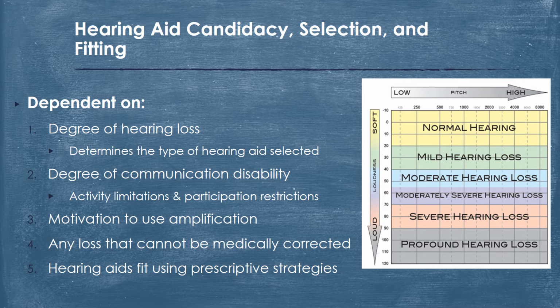And finally, when I'm fitting the hearing aid itself, I can use prescriptive strategies. One example of a prescriptive strategy, and these are discussed in your book, is the desired sensation level strategy. What these strategies do is tell you how much amplification to give someone, and we call that amplification gain.